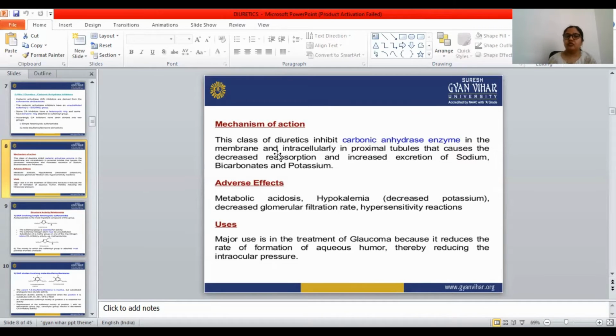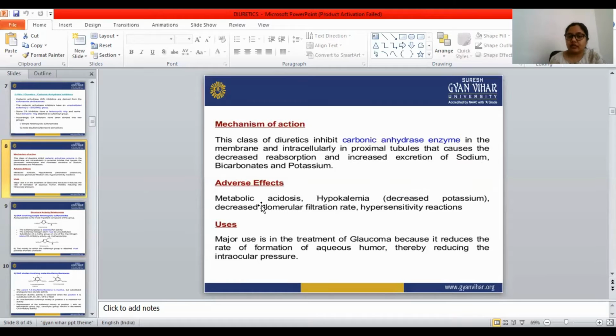So this is the common mechanism of action. Due to the inhibition of carbonic anhydrase, the reabsorption decreases and the excretion of sodium bicarbonate and potassium increases.